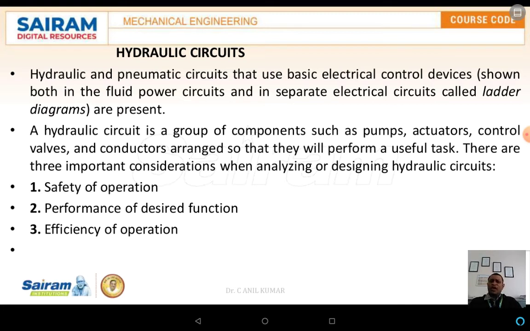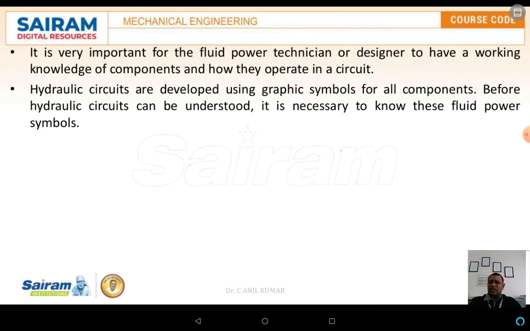It is also very important for a fluid power technician or designer to have a working knowledge of the components, how they are operated, and where they have to be inserted in the circuit. Hydraulic circuits are developed using graphical symbols of all components.